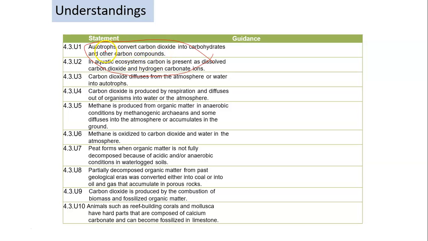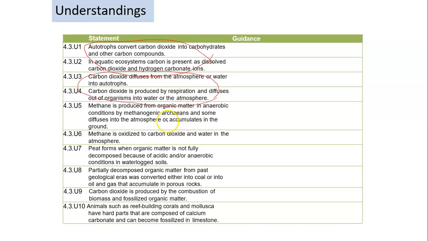Autotrophs could be on land or in aquatic ecosystems. Both of them have photosynthetic organisms, and respiration causes carbon dioxide to go out or diffuse. This also happens in both marine and terrestrial organisms.